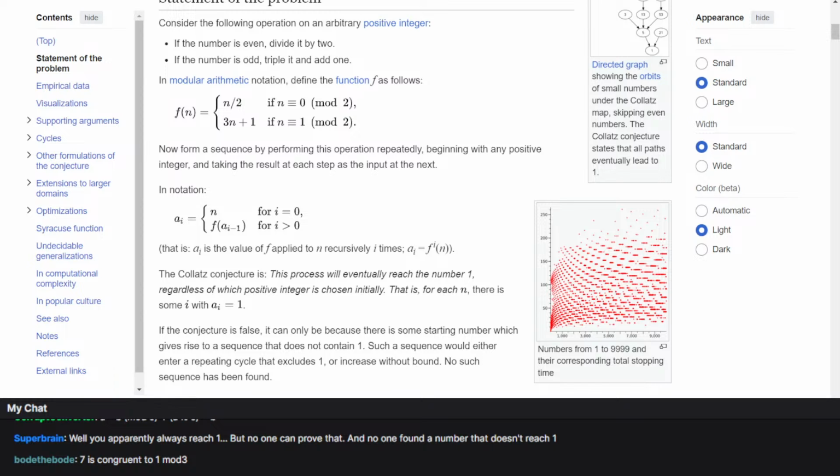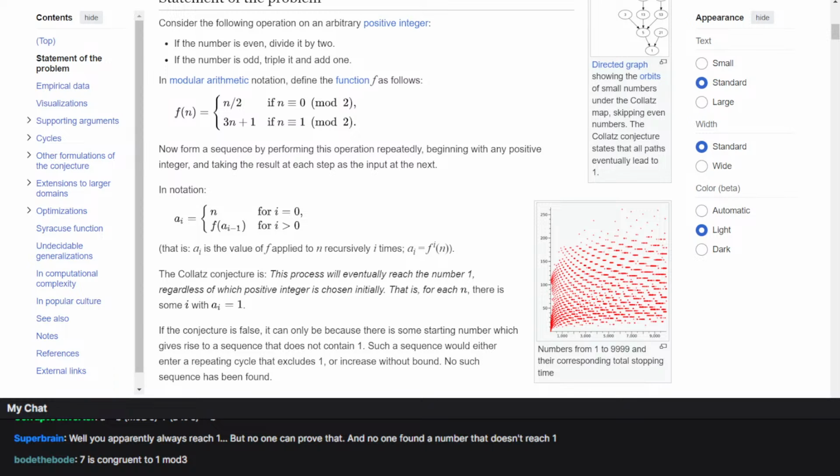Odepi Bode says 7 is congruent to 1 mod 3. Oh, so you mean, and so 7 is congruent to 1 mod. Okay, you're just rewriting it. 7 divided by 3 has remainder 1, then you can rewrite it as 7 mod... Wait, no, 7. What did you say? 7 is congruent.